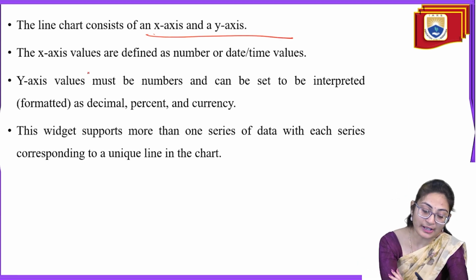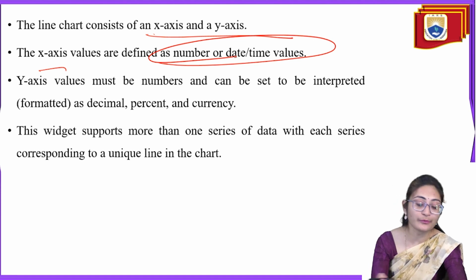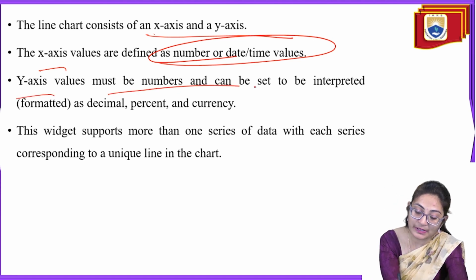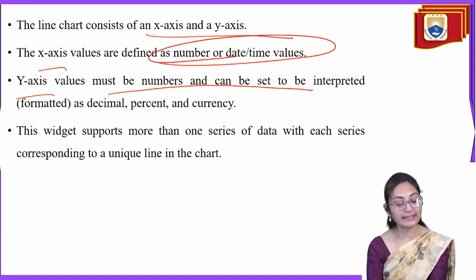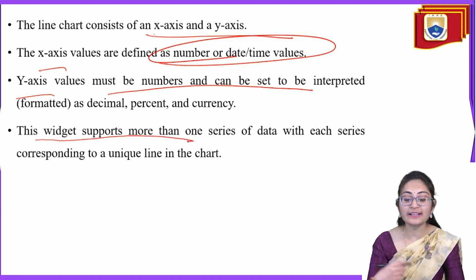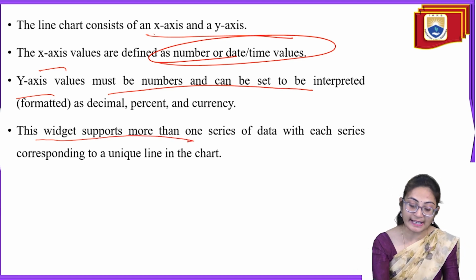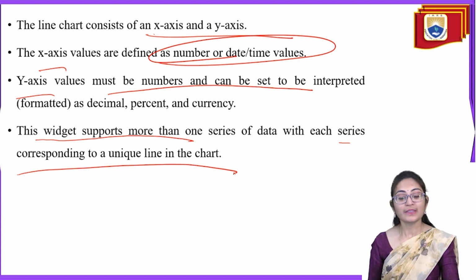X-axis values are defined as number or date time values. Then y-axis values must be numbers and can be interpreted as decimal, percent and currency. This widget supports more than one series of data, with each series corresponding to a unique line in the chart.